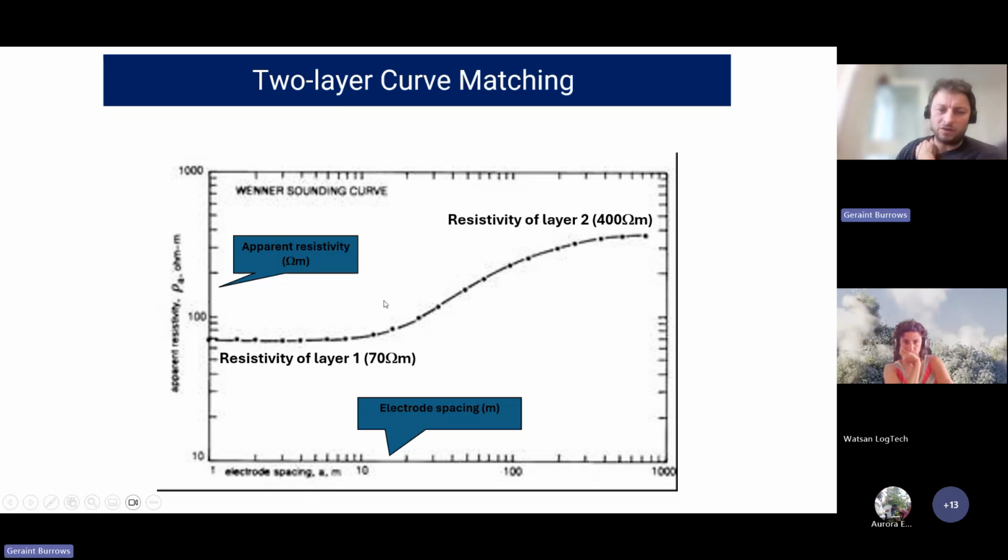And it's a two-layered system. So you can see that although the actual boundary between the two layers would have been sharp, the resistivity signal collected over different spacings was smooth.